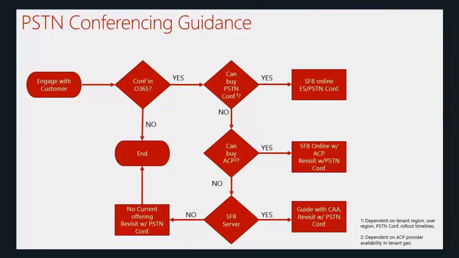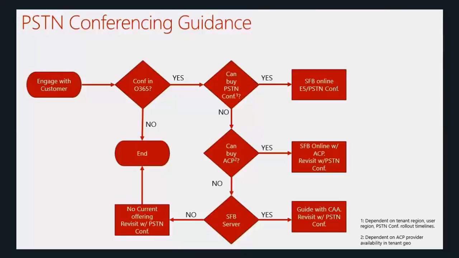And here you have, for example, the PSTN conferencing feature, and you can ask these questions to your customers, and based on their answers, you would be able to know when to offer them Skype for Business Online with PSTN conferencing, when to offer Skype for Business Online in collaboration with an ACP provider, or when to propose to your customer a full Skype for Business Server infrastructure.